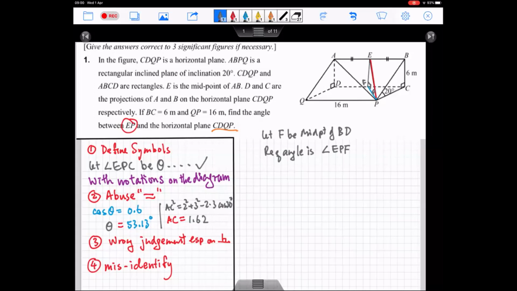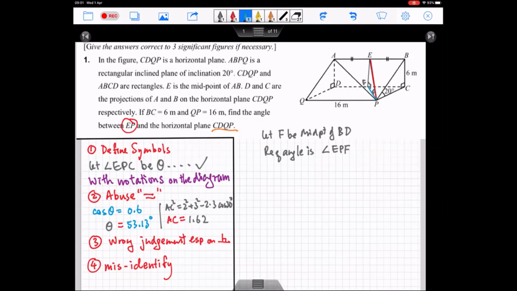Now that is the proper way to communicate with the marker. I first define all the symbols, and I'm telling the marker, hey, I'm going to find this angle. This is my target, angle EPF. For this question, some of us mistook angle EPD to be the answer, and that was wrong. It should be angle EPF.